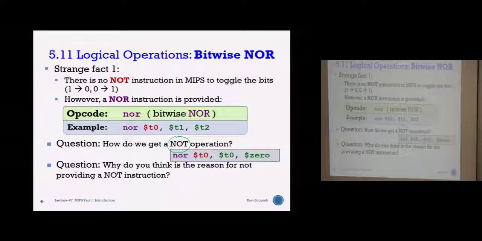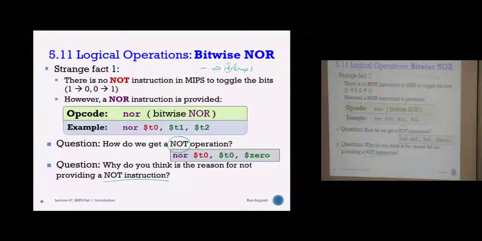So why do we not have a separate NOT instruction? Again, the design always tries to be as simple as possible. Minimalist design. If we know that we can solve the problem using what we already have, we do not create new hardware or additional overheads to the system. That is why, for example, in your tutorial, when you do subtract, a subtraction is equivalent to the addition of the complement.